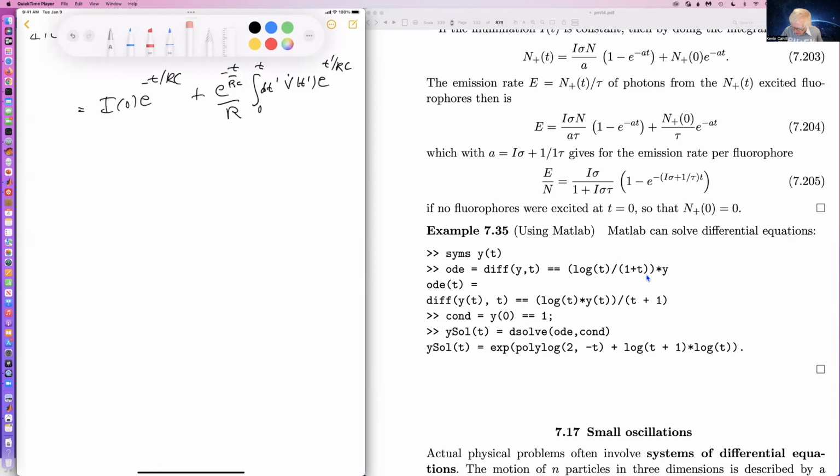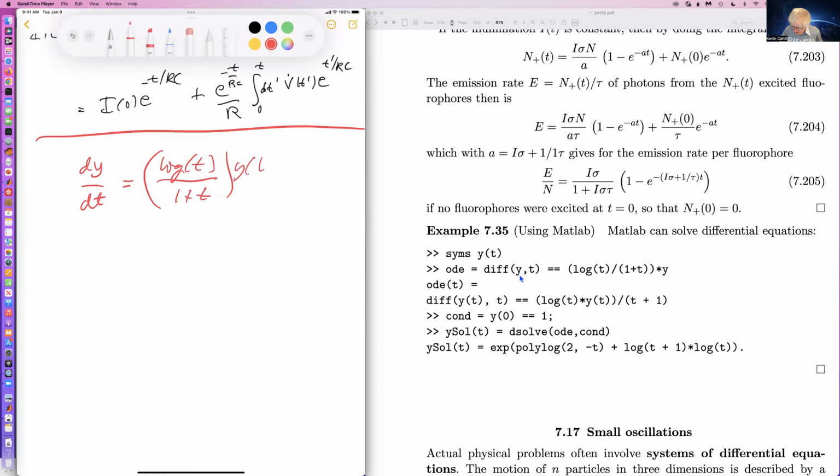So let's switch now to this example. And so we're saying here, syms y of t, ODE is, so that is dy dt is equal to log t over 1 plus t times y of t.